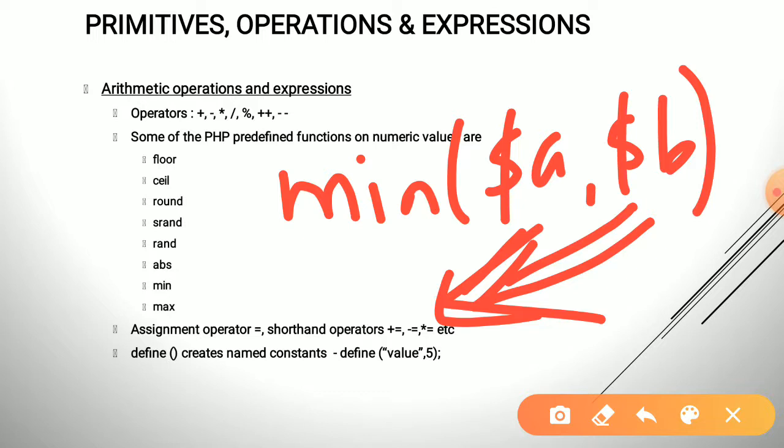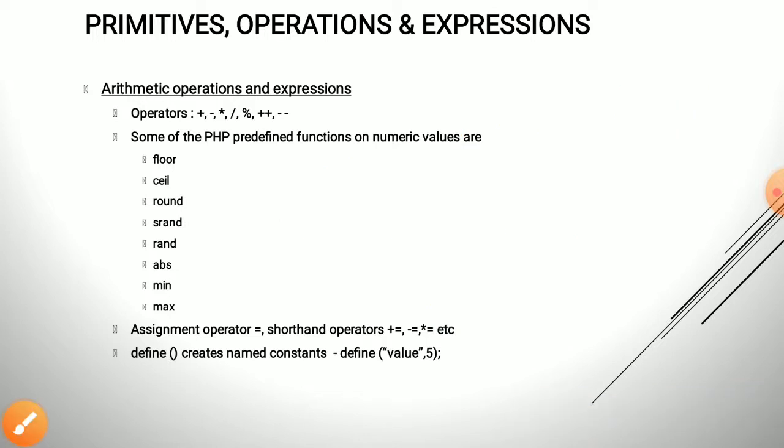The max function returns the largest number. And there are so many other functions like sin, cos, tan, exp, sqrt. So many predefined functions are there that operate on numeric values.